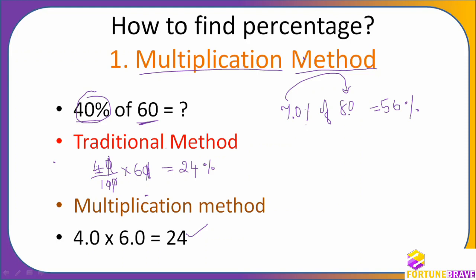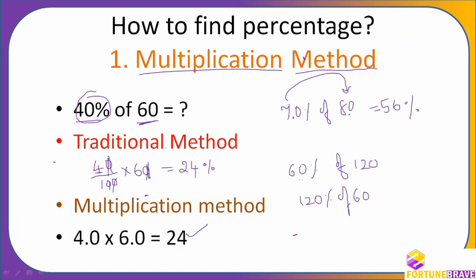Now, one more thing you need to remember, my dear friend. Whenever you are finding 40% of 60 and 60% of 40 and all those things, what you need to understand is that if you change the percentage sign from this end to this end, say for example, 60% of 120, if you write 60% of 120 or 120% of 60, both are the same.